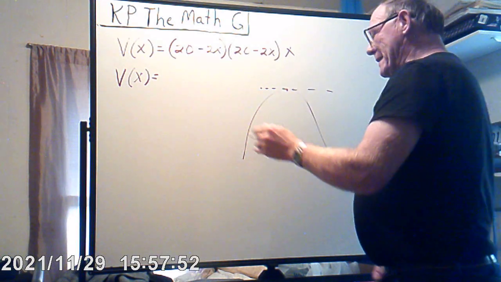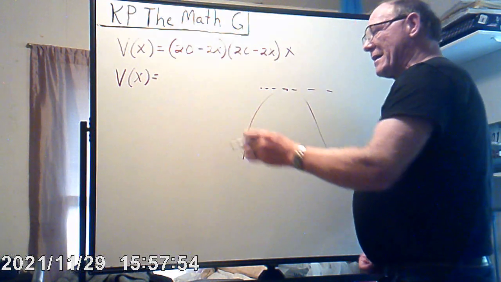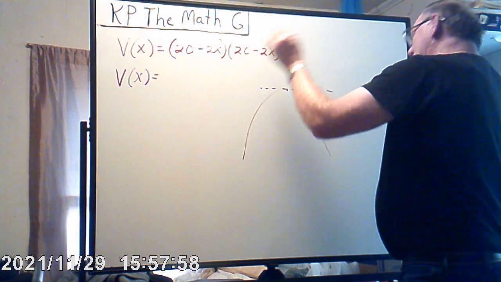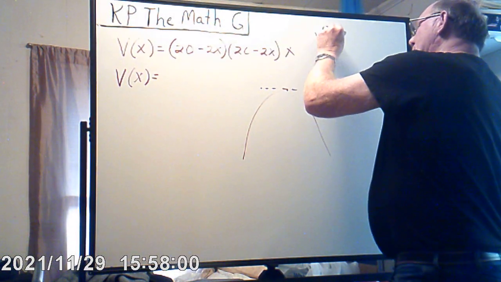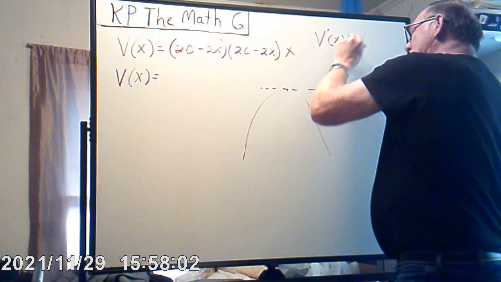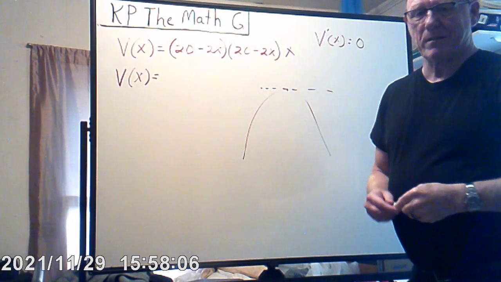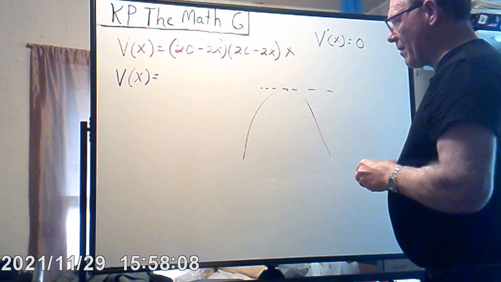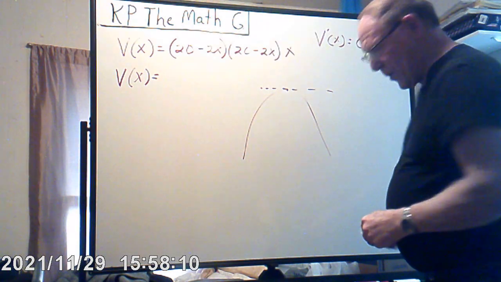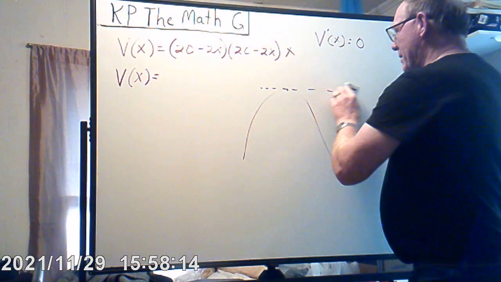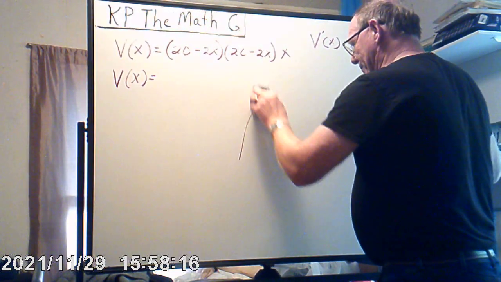The max or the min, either one, you've got to say that v prime in this particular problem is equal to 0. Alright, so keep that in mind.